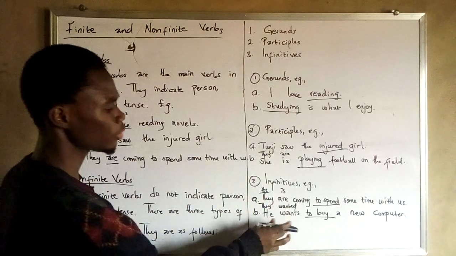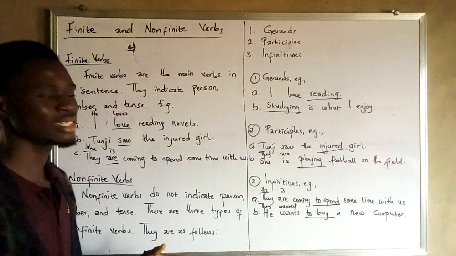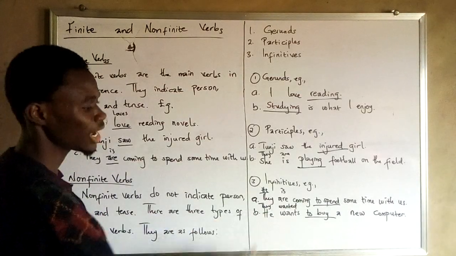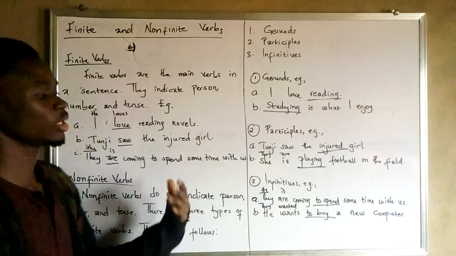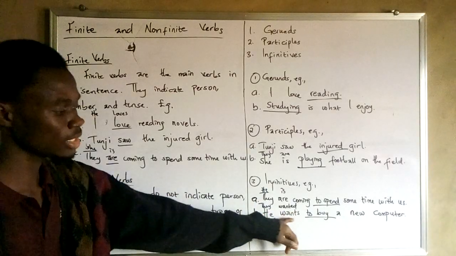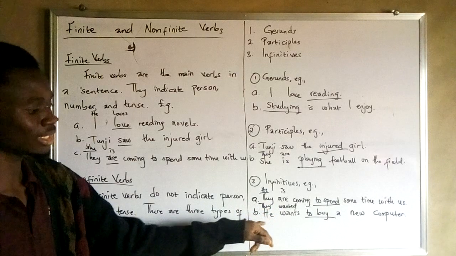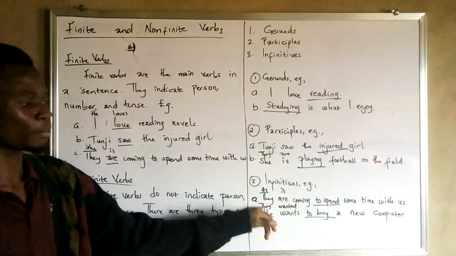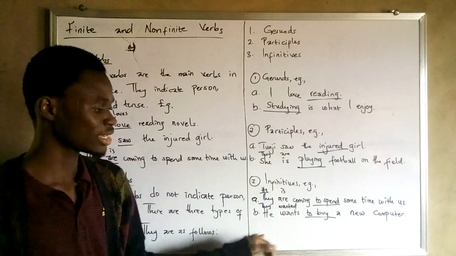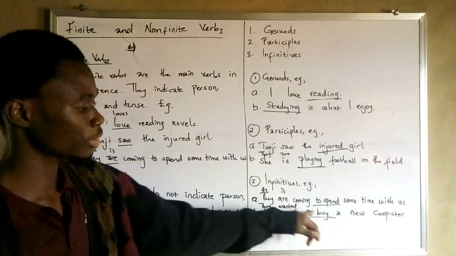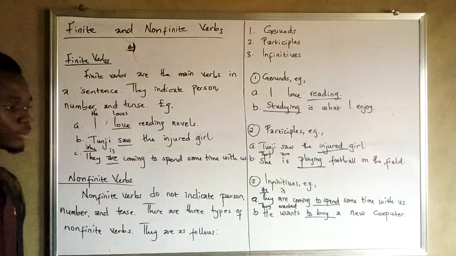And if I were to change the tense, or the time the action is performed, it's going to become wanted. They wanted. So the actual verb here is changing to wanted and the subject here is changing to they. But this is not affected. So we consider this to be a non-finite verb, while this is a finite verb.